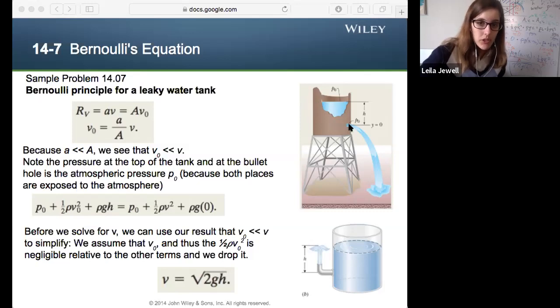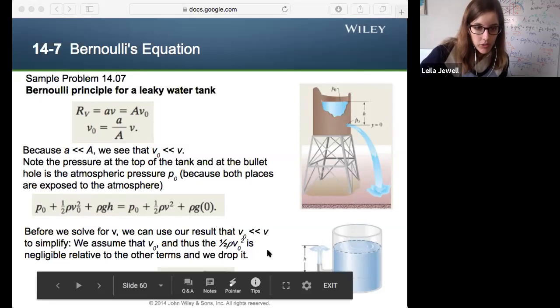It's much, much smaller than the water shooting out of the tank, so we don't need to consider it. The pressure at the top of the water in the tank and the pressure of the water coming out of the tank are both atmospheric pressure, so those will both cancel out. We can even set y equal to 0 at the point when the water is coming out, and y1 would just be equal to height h. That's another great way to approach solving this.